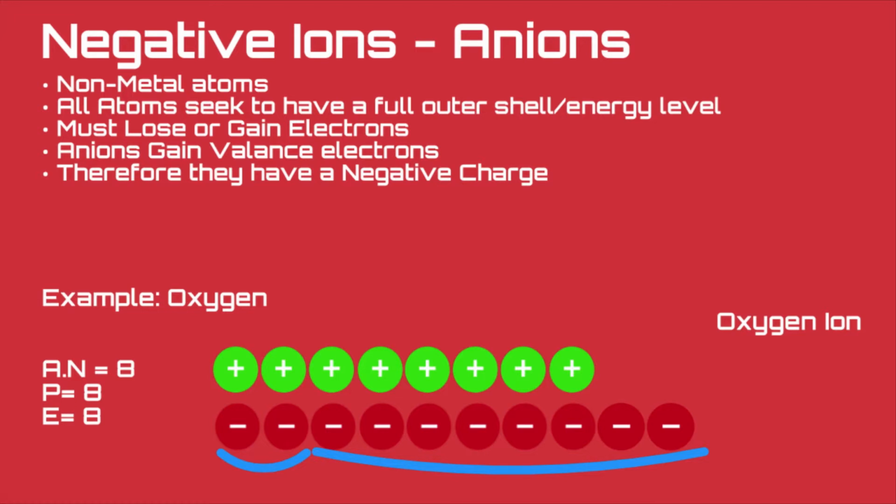As you can see, this gives us 2 more negative charges over the positives. So we would write an oxygen ion like the following. Its symbol, capital O, and then in the top right hand corner, a 2 minus. This symbolizes the extra 2 electrons it has gained.